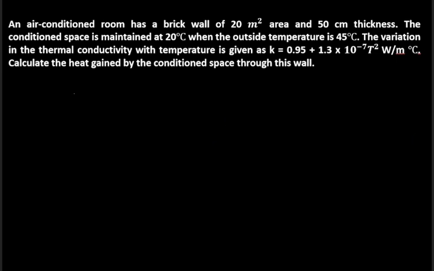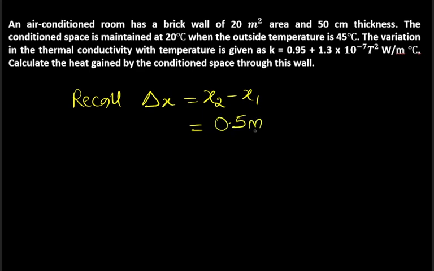So we can recall that our change in x, which is x2 minus x1, was given to be 0.5 meters. So we are going to substitute 0.5 in place of x.